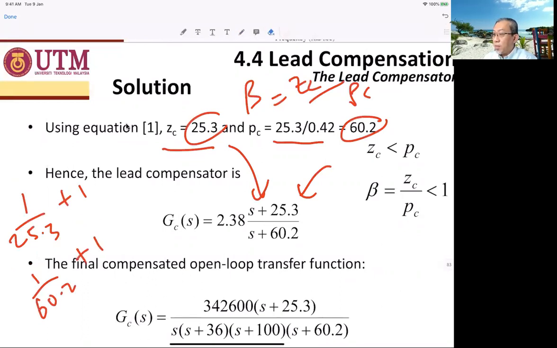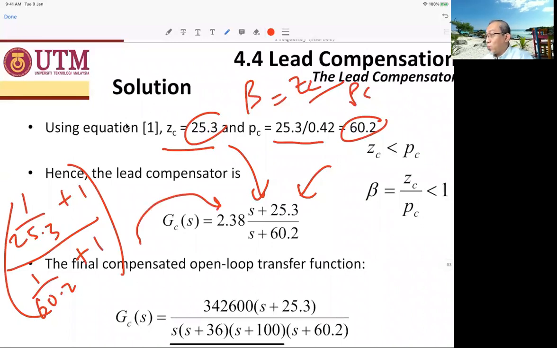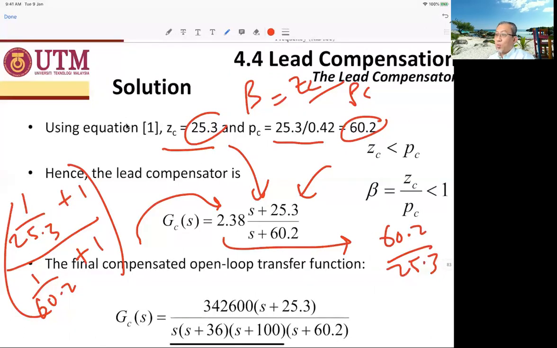You simplify this, and you will get 2.38. 2.38 is actually 60.2 divided by 25.3, the ratio. That's why you get 2.38.